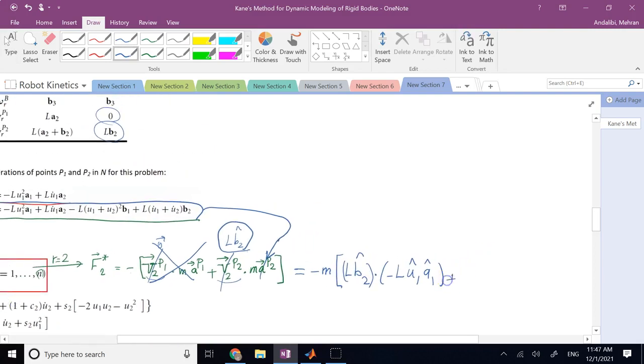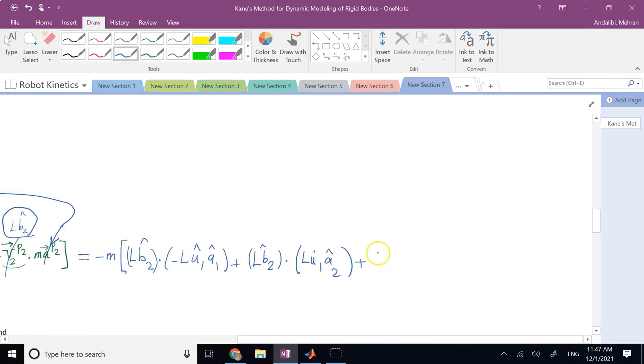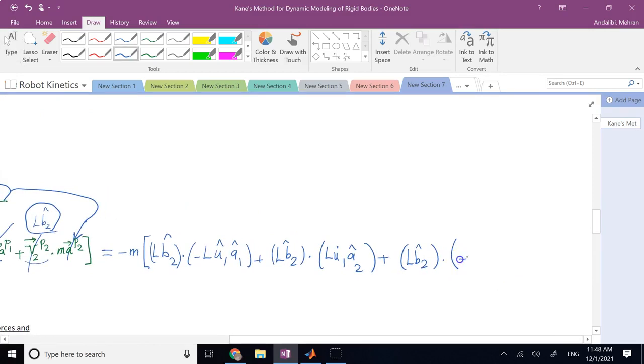And then again, LB2 dot, now you have the second term, LU1 dot A2. Again, LB2 dot product the next term, negative LU1 plus U2, the whole thing squared B1.